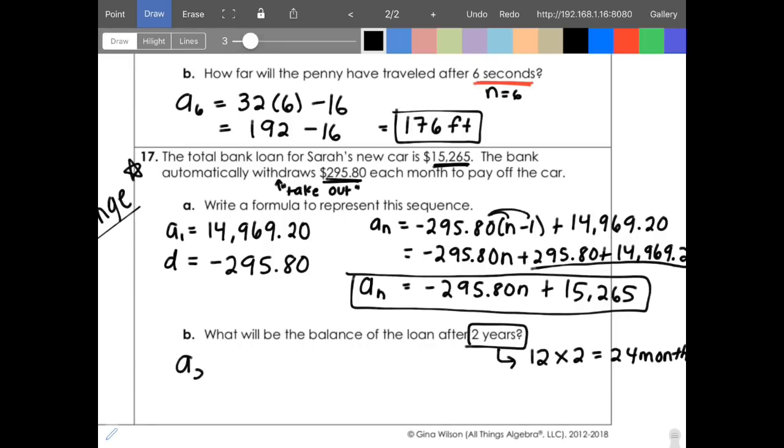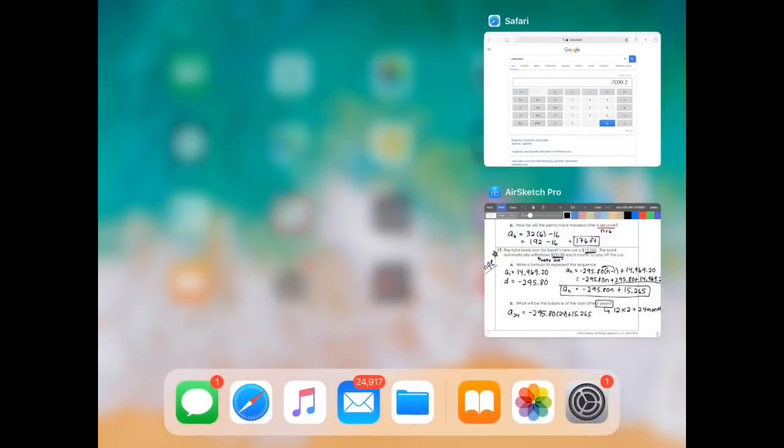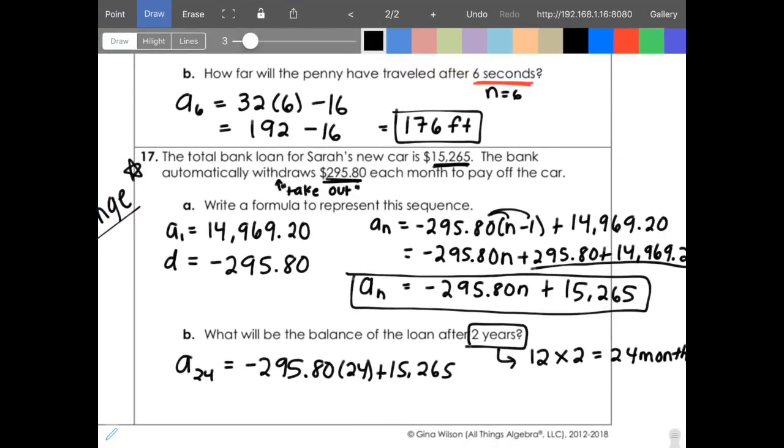So I'm going to write A of 24, because that's how we write it, right? After 24 months, and then I'm going to plug 24 into my equation: negative $295.80 times 24 plus 15,265. I'm going to do that in my calculator here. So negative $295.80 times 24 is negative $7,099.20, right?